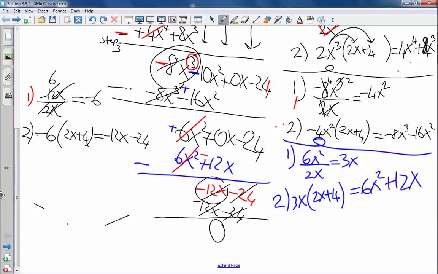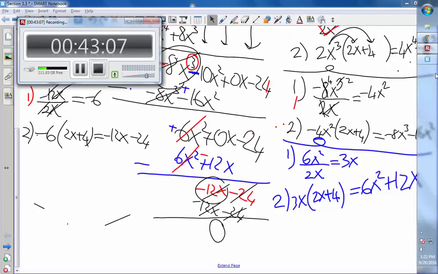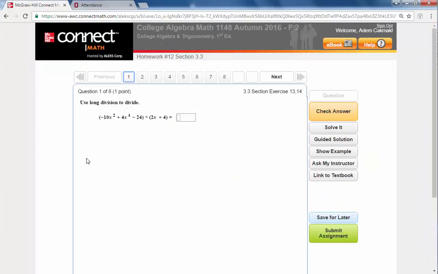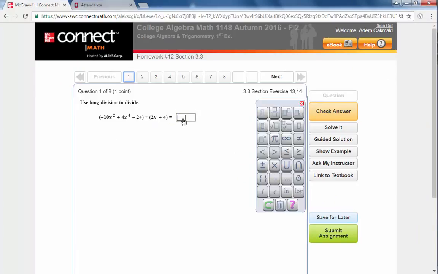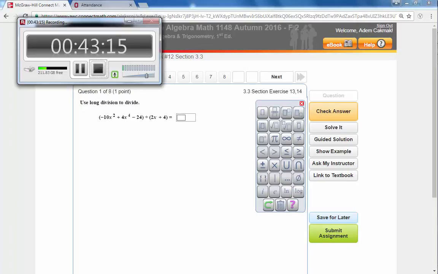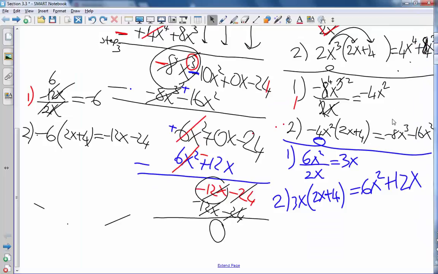I will go try that and will be shocked that the answer is wrong because I forgot doing something. What did I forget? Yeah, I forgot recording my results from each step. Every time you do number 1, you need to record that into the quotient. 3x and minus 6, I forgot to record them.